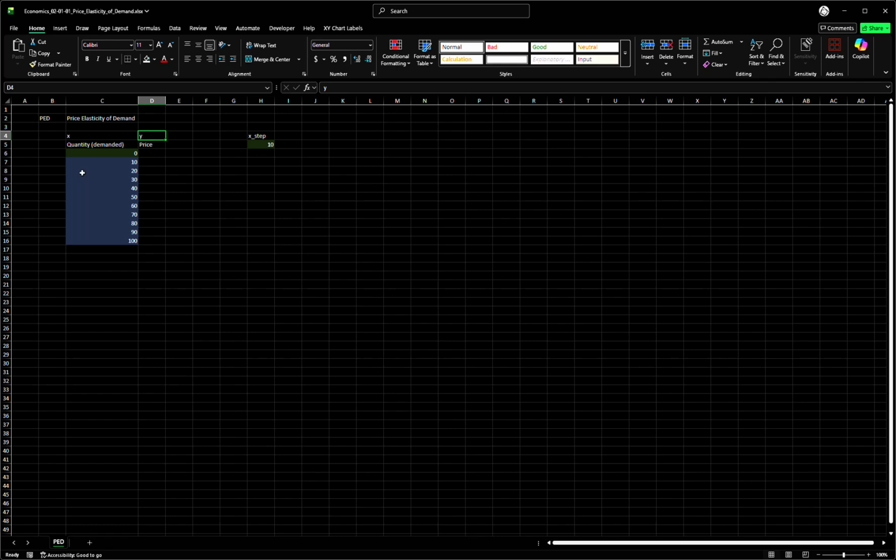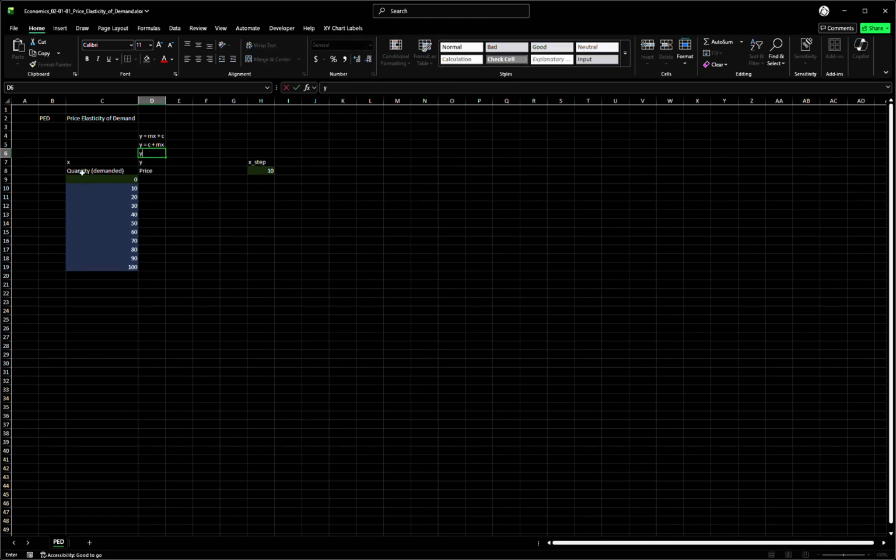You know how you learn y equals mx plus c, or y equals c plus mx, or let's just use a more structured notation.